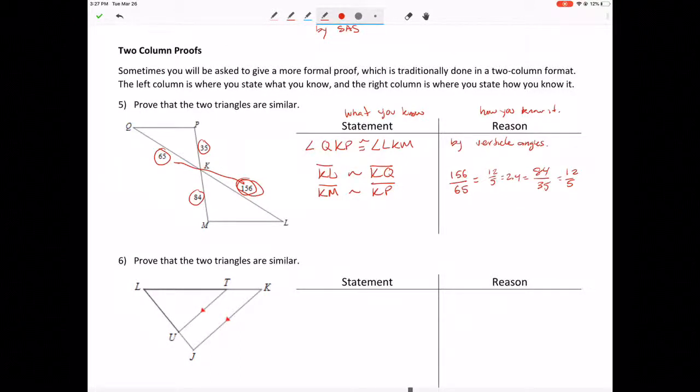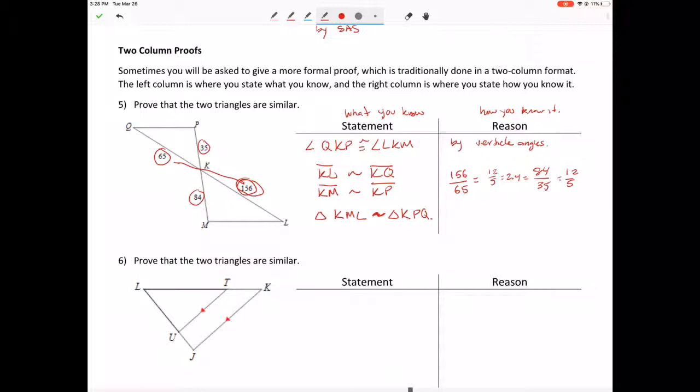All right, now that we have 2 corresponding sides and the angle between the 2 that are congruent, we can say that triangle KML is similar to triangle KPQ.